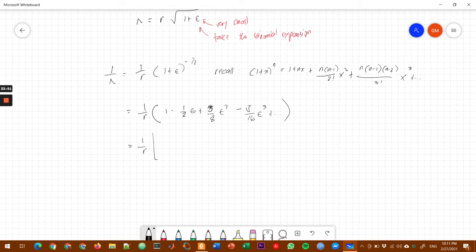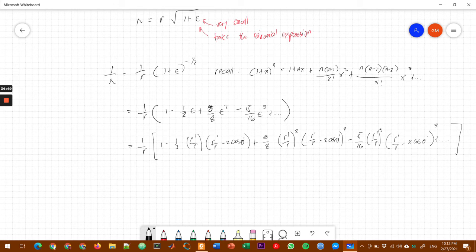Use a bracket: 1 minus 1/2 times r prime over r times r prime over r minus 2 cosine theta prime, plus 3 over 8 times r prime over r squared, I hope you followed, r prime over r minus 2 cosine theta prime squared, minus 5 over 16 r prime over r cubed, r prime over r minus 2 cosine theta prime cubed, plus and so on.